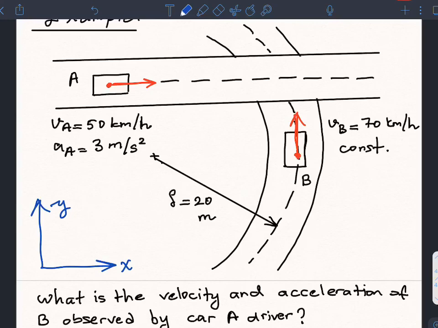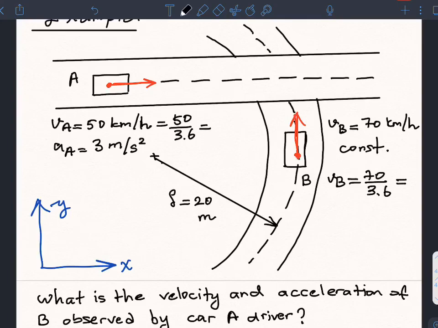Let's do that. But before doing that, let's convert the kilometer per hour to meter per second so that we can write everything in meters and seconds. So what I want to do is convert this to 50 over 3.6 to make it meter per second, and similarly for VB, 70 divided by 3.6.